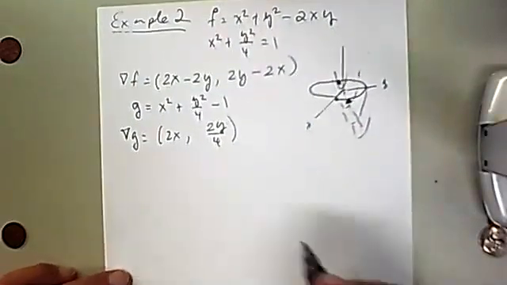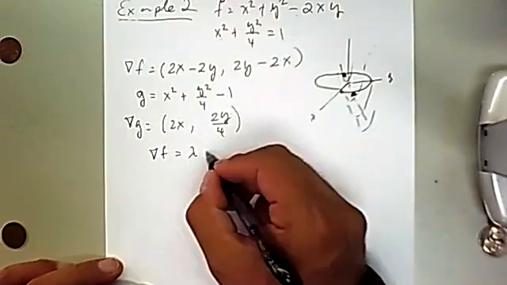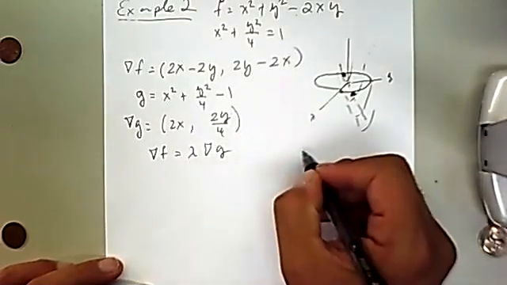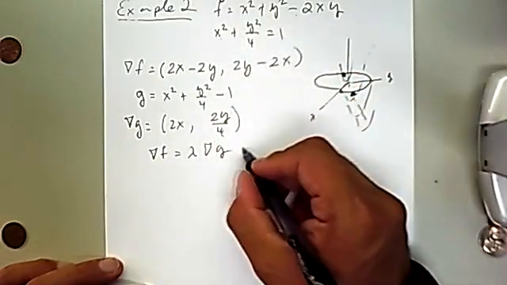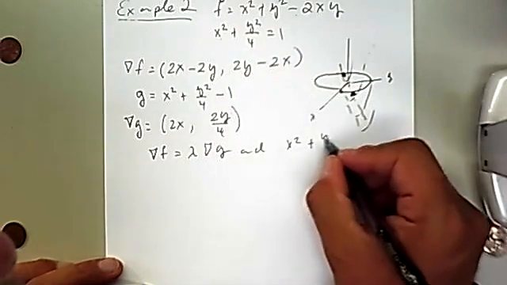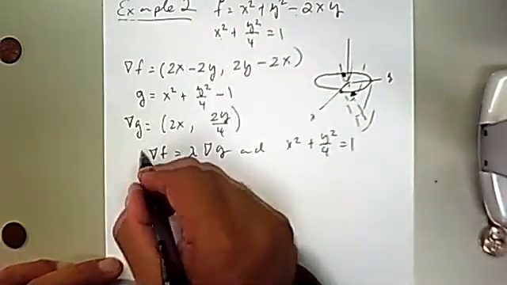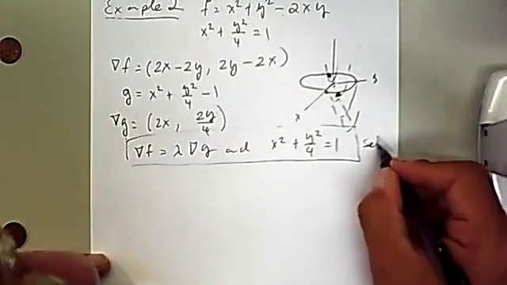Okay. And the setup is that the gradient F equals some constant times the gradient G, plus the restriction itself, x squared plus y squared over 4 equals 1. So this is the initial setup.